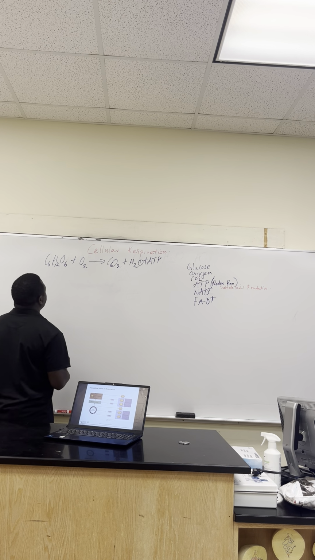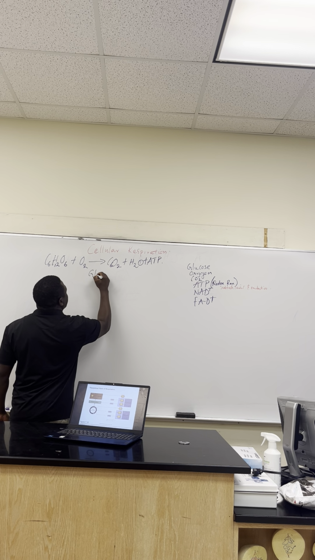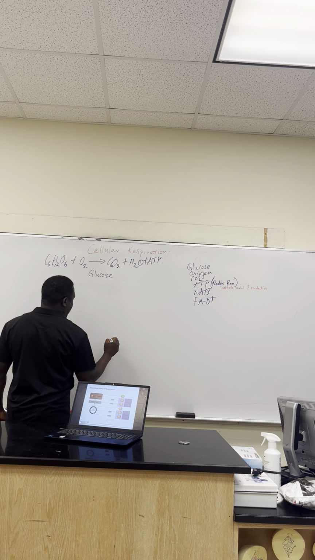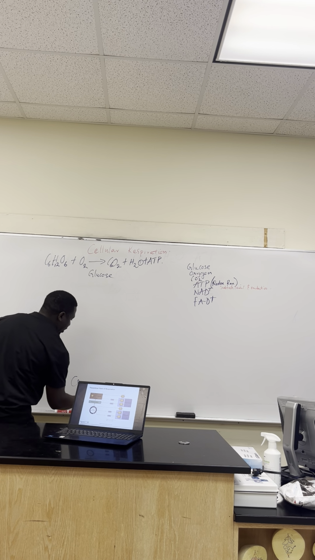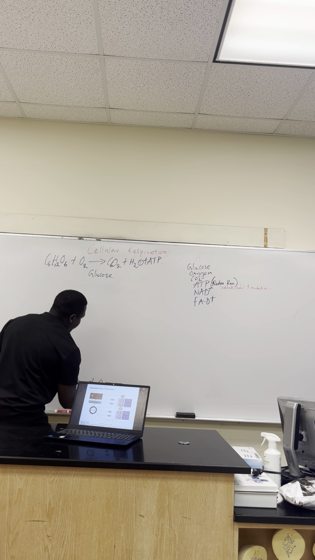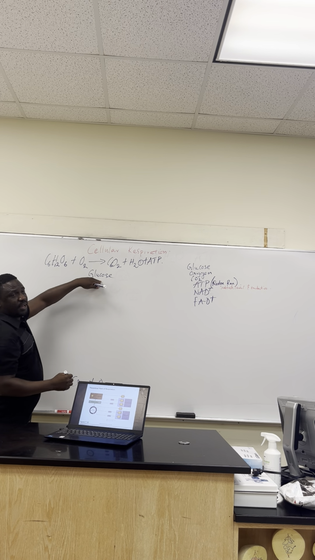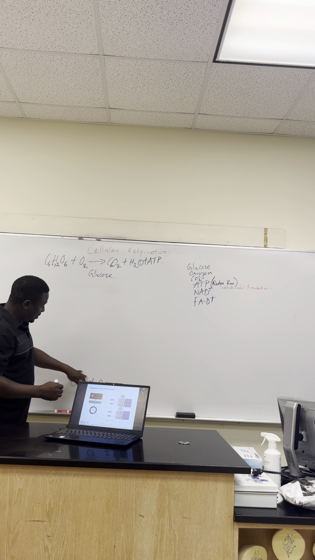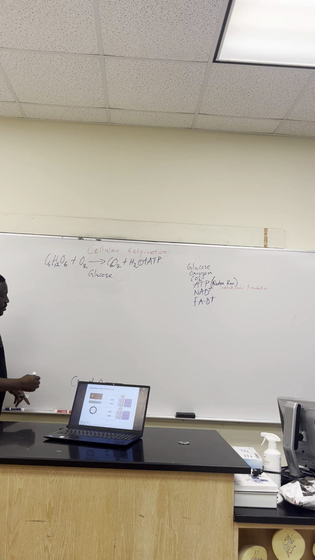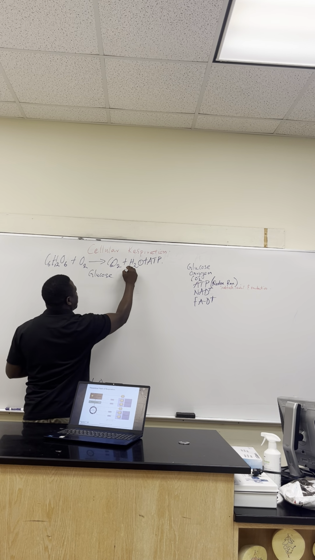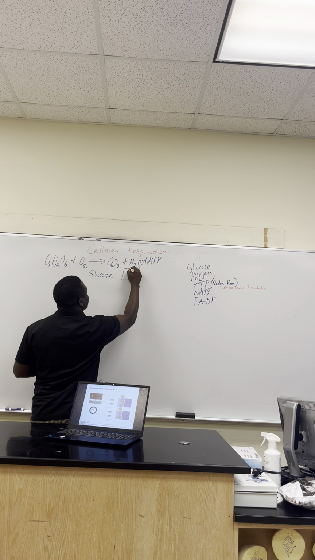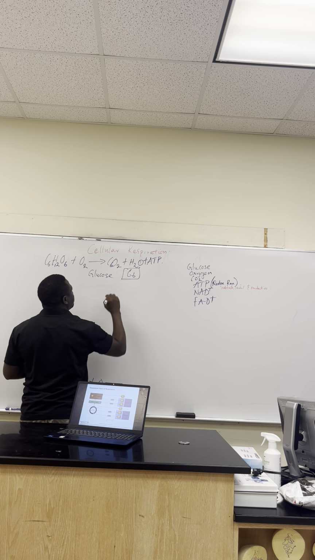I'll try to break this down. So we start with glucose, and we end with CO2, which is carbon dioxide, and water. So we're trying to see what happens in between. Well, CO2 is just one carbon molecule, and glucose is a 6 carbon molecule. Let me write it as a 6 carbon molecule.